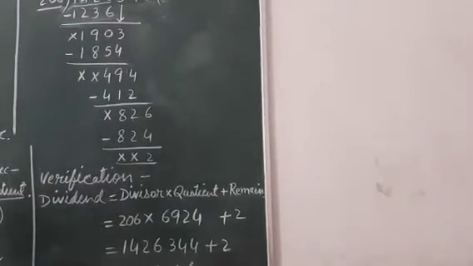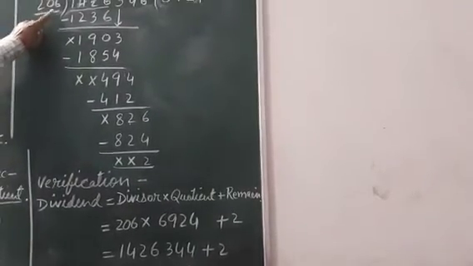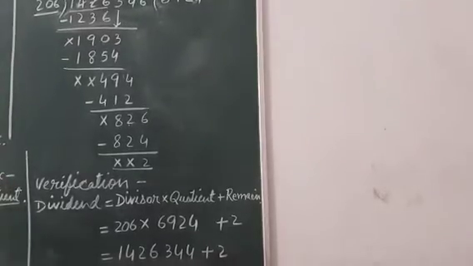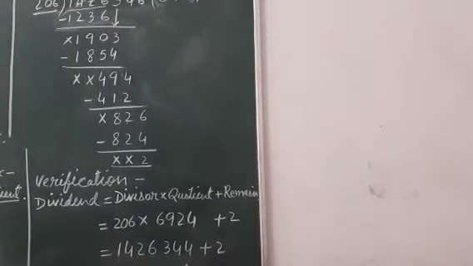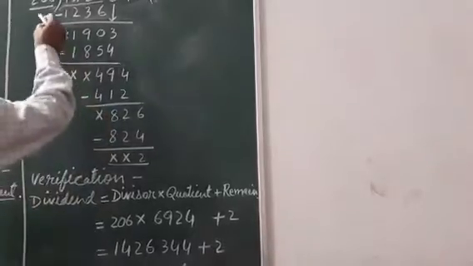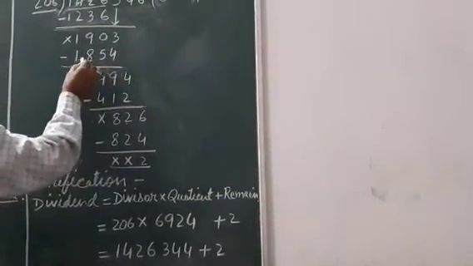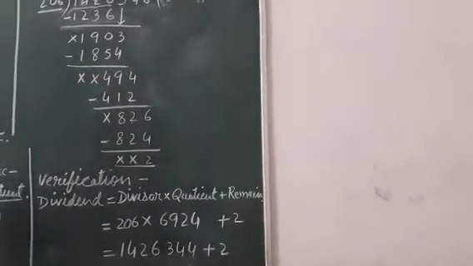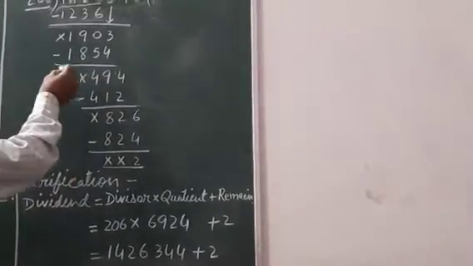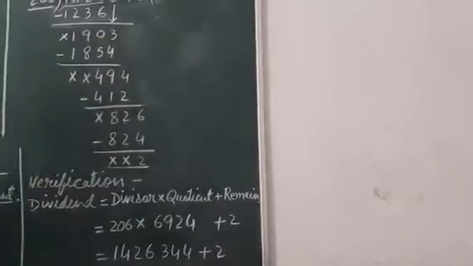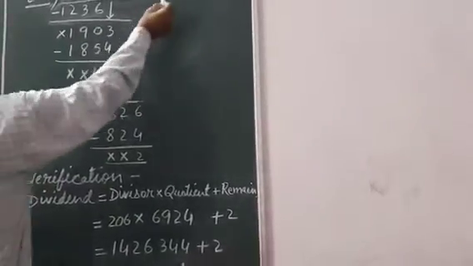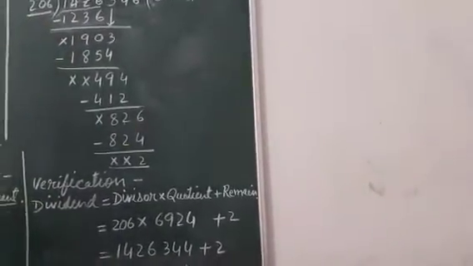This we can find by multiplying 206 by 2, 3, 4, 5, 6, 7, 8, 9, etc. When we multiply 206 by 9, we get the number 1854. That means this 1903 can be divided maximum into 9 parts by 206.